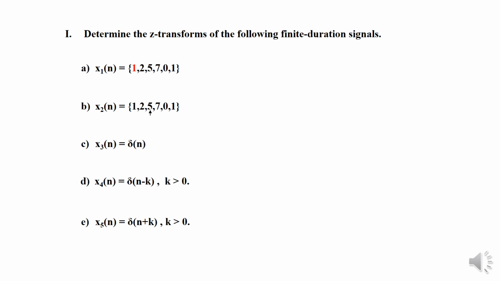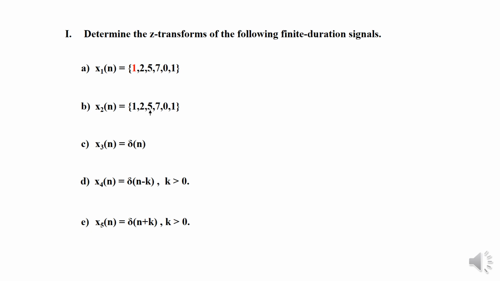Here I have shown you some finite duration signals, x1[n], x2[n] up to x5[n]. How can you find the Z transform of these? What I have highlighted in the first part A is the value at n equal 0, right?